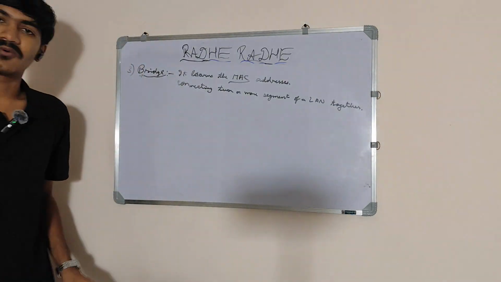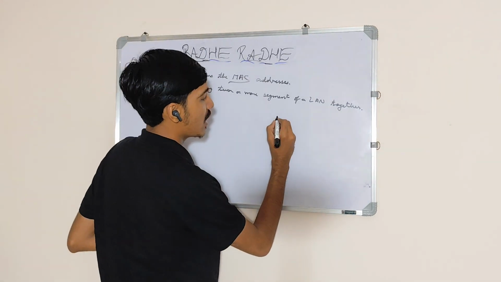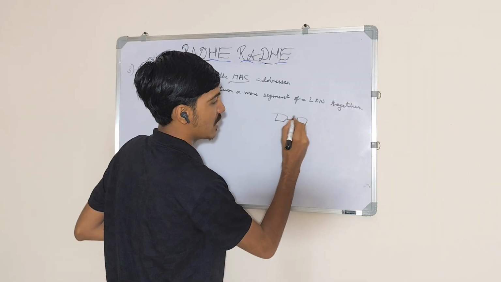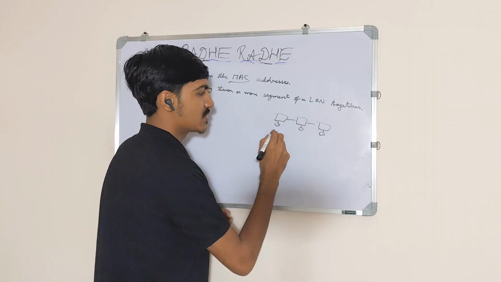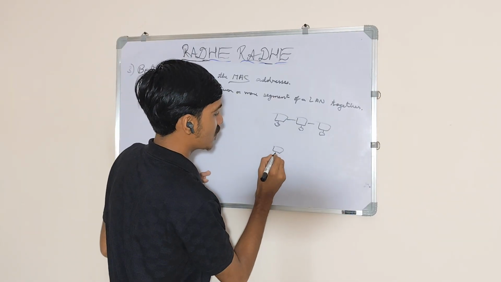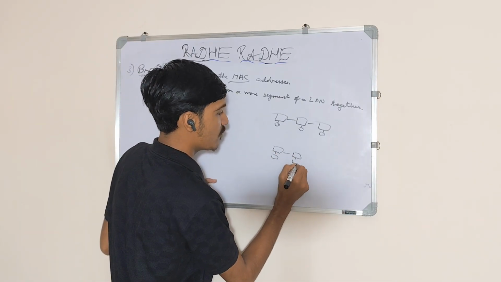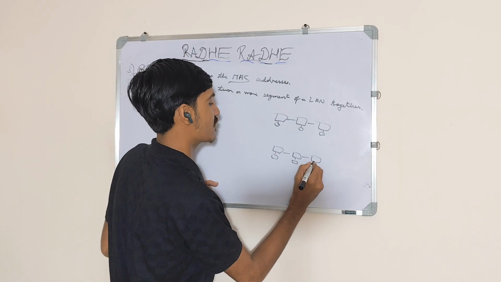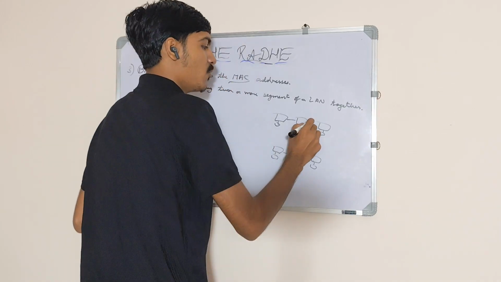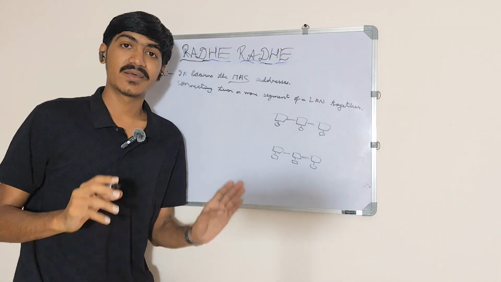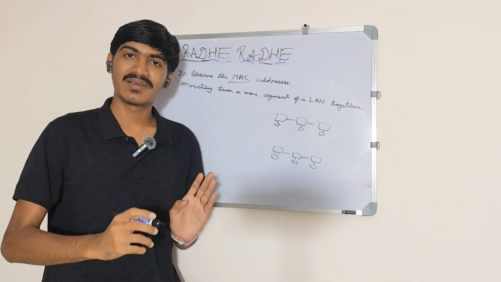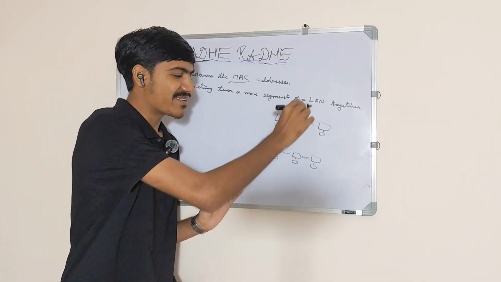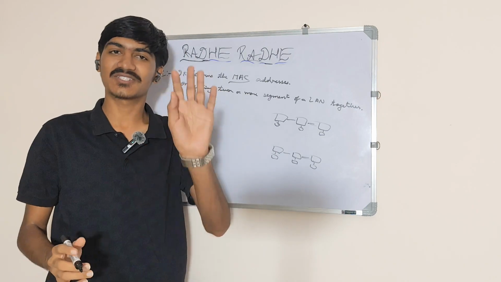Now how? Suppose in our company we have an HR department sitting here. These are PCs, connected to each other. We have one more side, the employee department. Suppose the HR department and employee department need to be connected, you can't just do wiring. It's a waste of time.